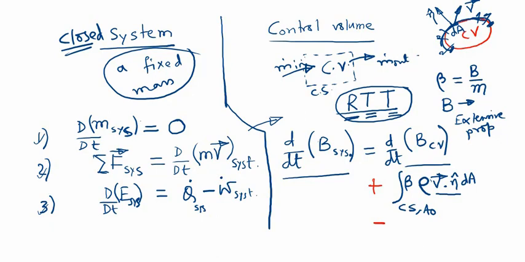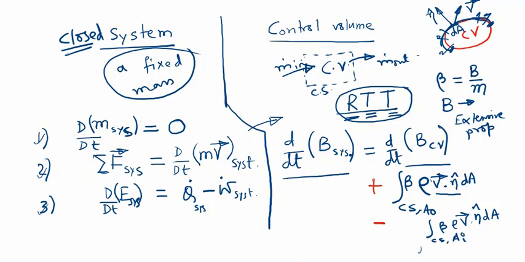which is coming in. So the coming in part is also very similar: simply beta rho V dot eta cap dA, integrated over the control surface where it is coming in.